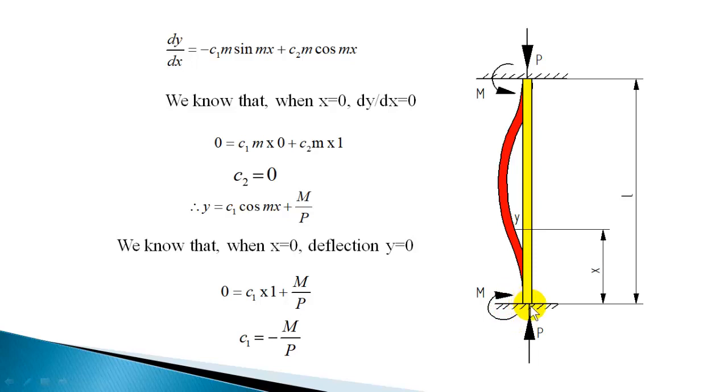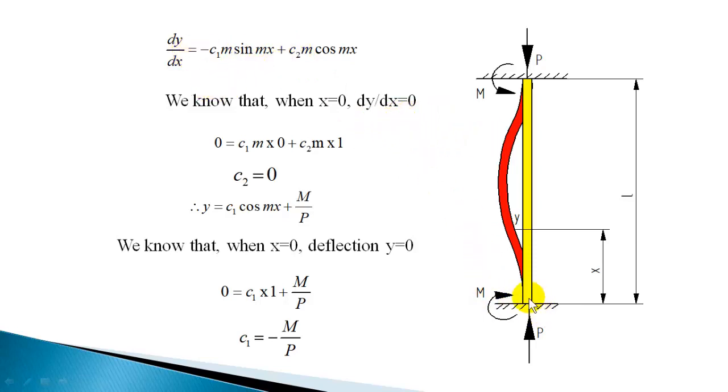Now we also know that when x is 0, that is at this end, there is no deflection, y is 0. So at this end we have y 0, dy by dx 0. Deflection is 0. Slope of the deflected curve is also 0, that is dy by dx is also 0. So dy by dx 0, we already used that end condition.